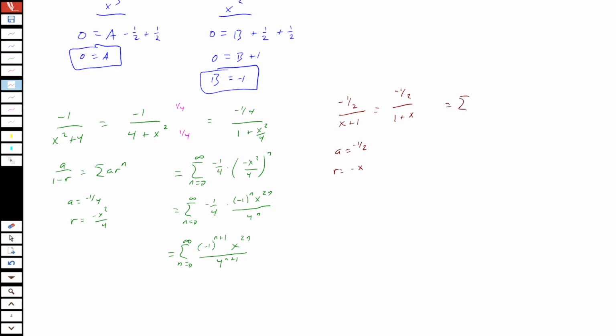So then this is going to become the sum of negative 1/2 times opposite of x to the n. So I have a negative to the n and another negative, so a negative to the n plus 1, x to the n, and 2 doesn't have an n power on it, it's just the 2.